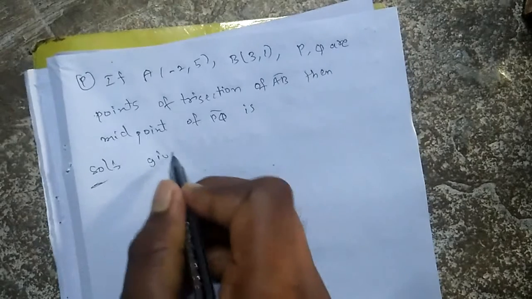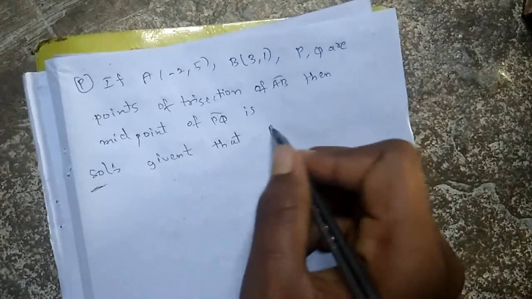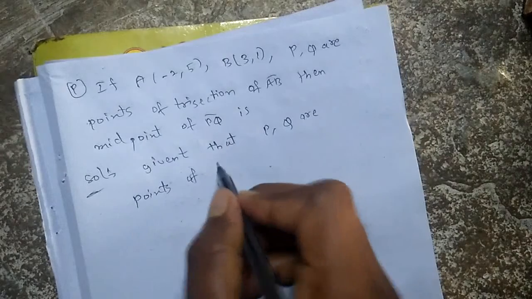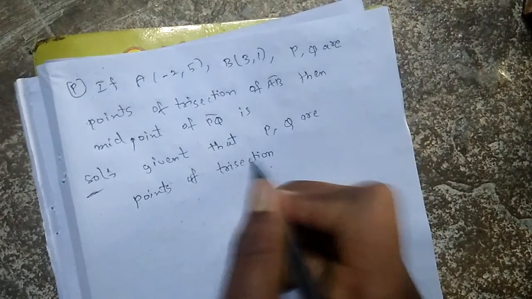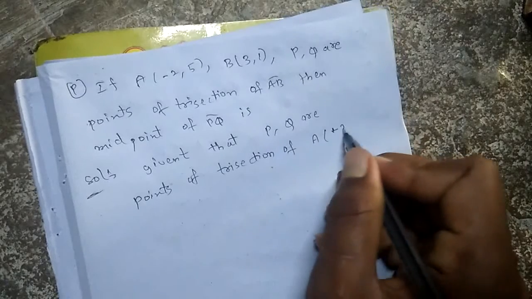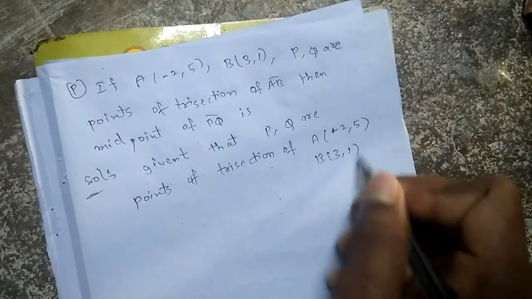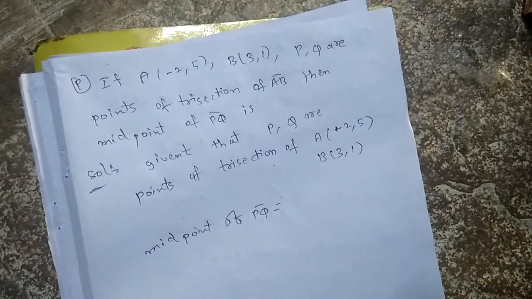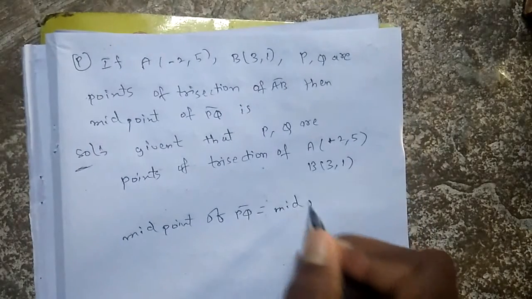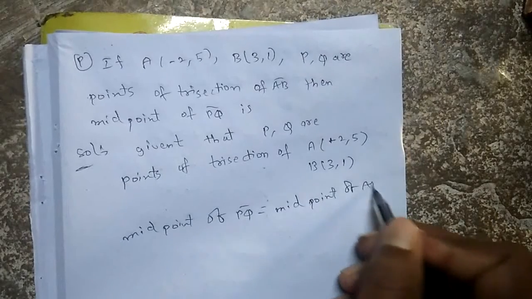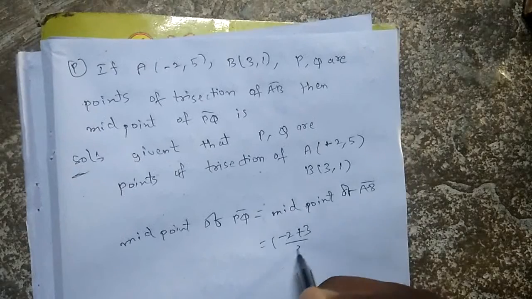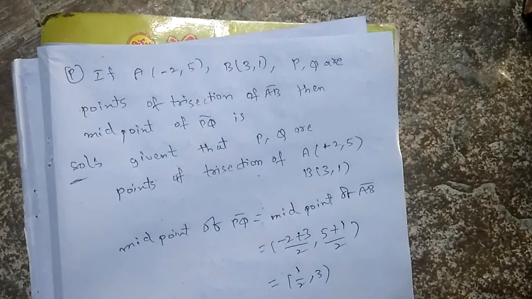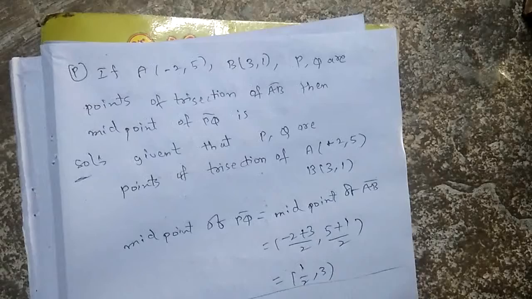Here, given that P, Q are points of trisection of A (minus 2, 5), B (3, 1), it implies the midpoint of PQ is the same as the midpoint of AB, that is (minus 2 plus 3) by 2, (5 plus 1) by 2, that is 1 by 2, 6 by 2 is 3. The midpoint of PQ is (1 by 2, 3).